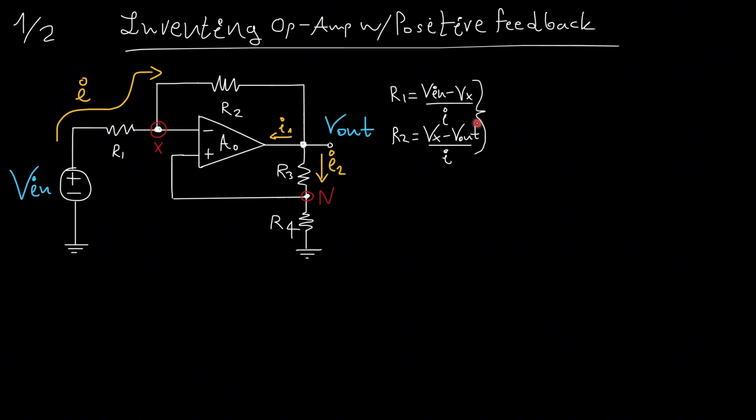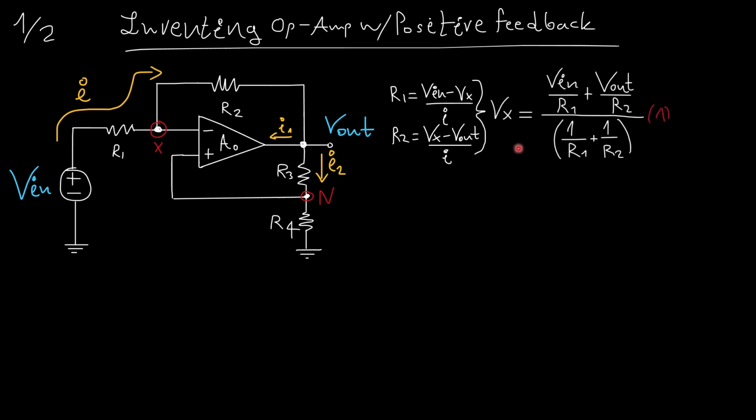And if I said that this current is the same as this current, therefore I can solve with respect to Vx and get this result. Now I can eliminate Vx from any equations that will come up in the future.